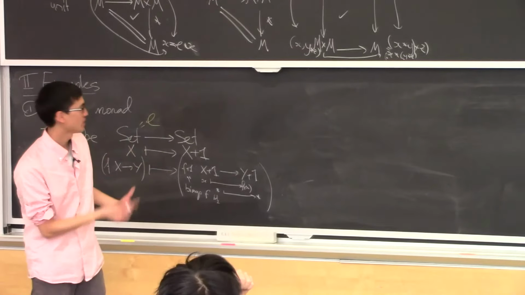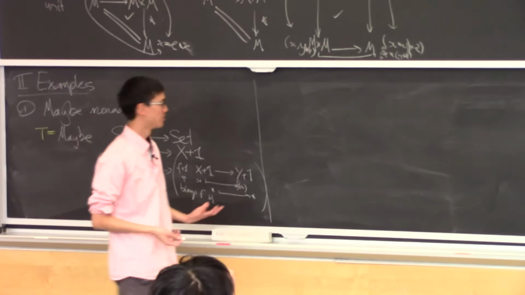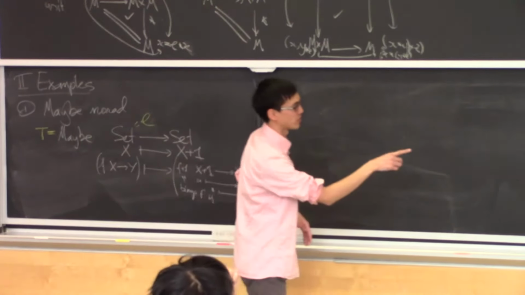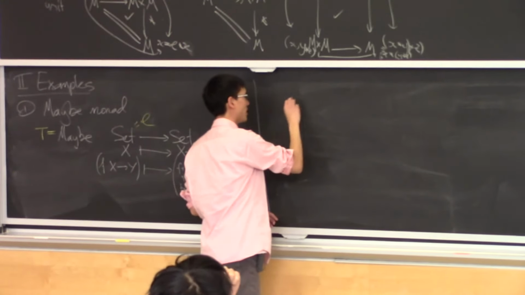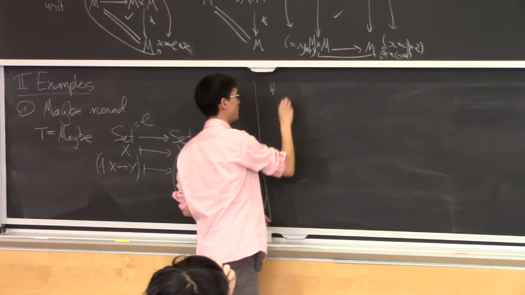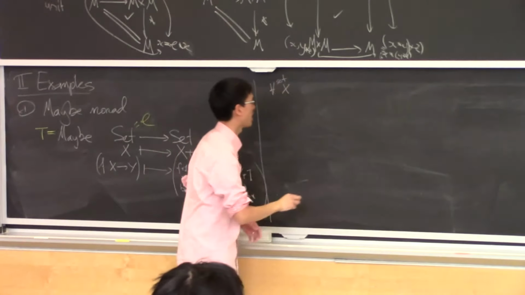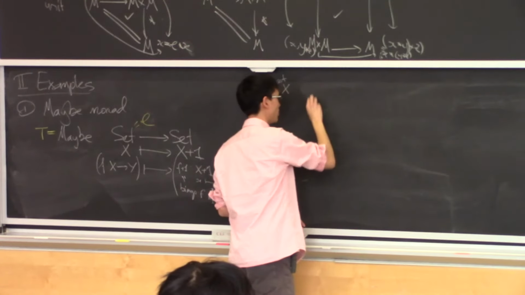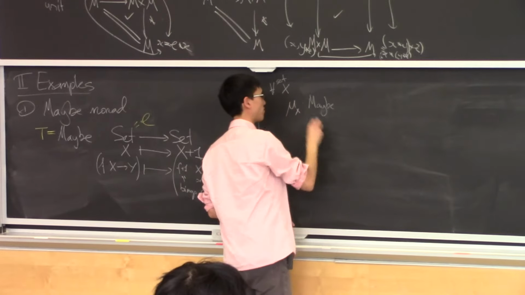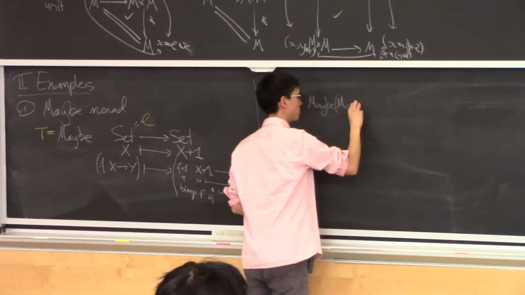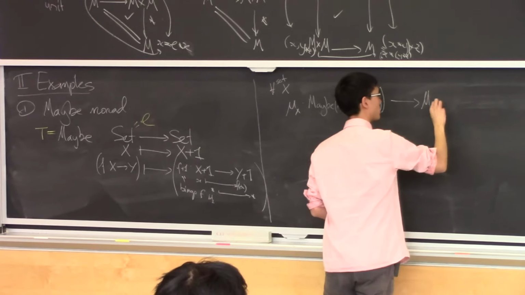Let me just remind you also what a natural transformation is, by example. So what is a natural transformation from t times t to t, or maybe to maybe? It means that for every set x, we have a function, called mu x, from maybe of maybe of x to maybe of x.